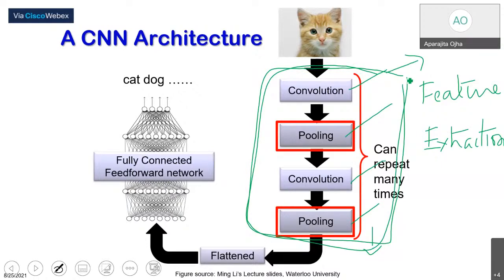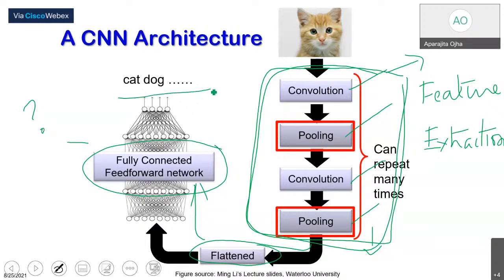And then after that, the image is flattened, that is, made into a 1D array, and then this is sent to a fully connected feed-forward network. What for? What is the purpose? For a class of tasks that can be a classification task or a regression task, right?